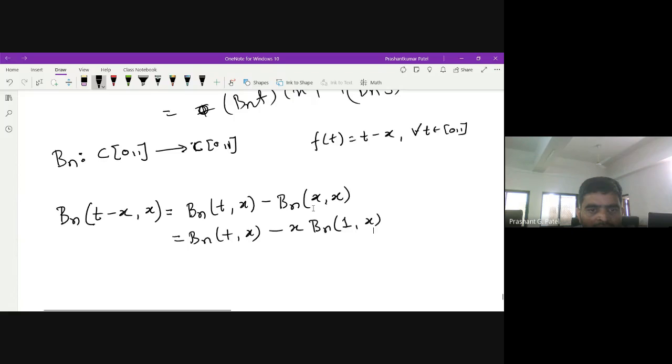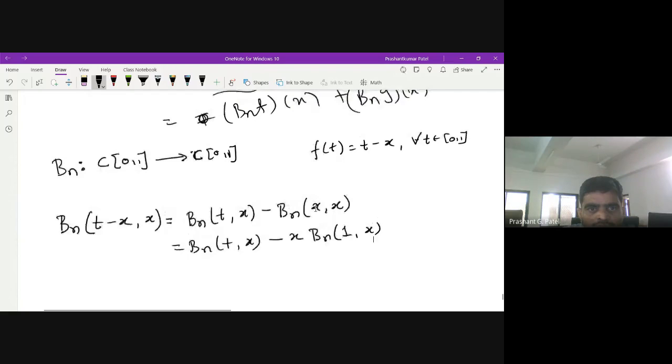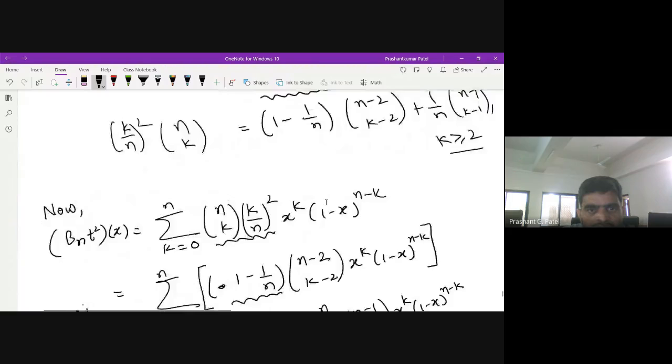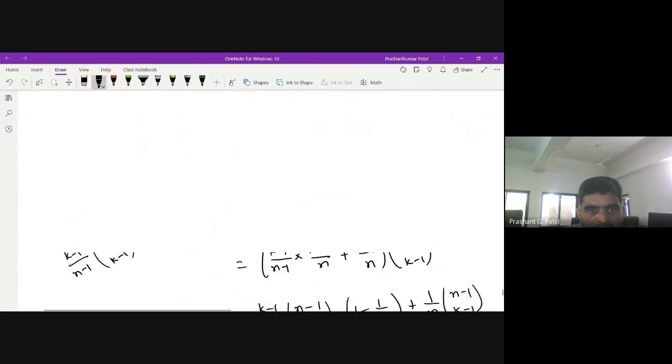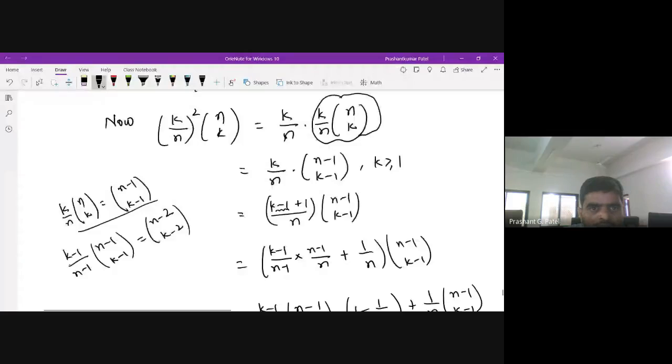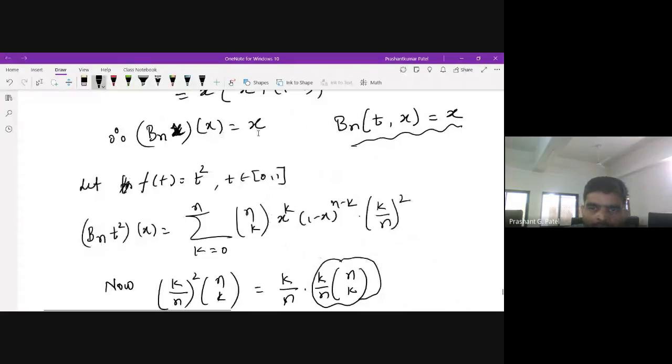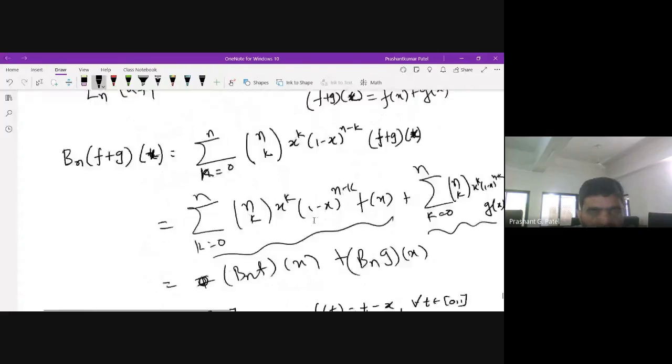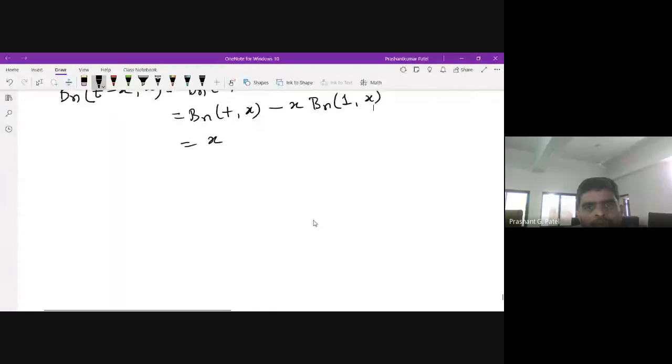Bn of t at x we already calculated earlier, for the first moment, and we got x. Bn of 1 is also 1, so it is x minus x into 1, which gives you 0. So the first central moment of this Bernstein polynomial is 0.